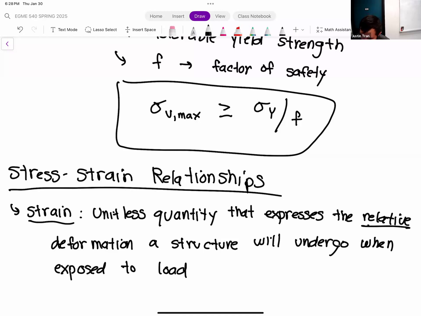Okay? The key word here is relative, right? And that's the reason why it's unitless.